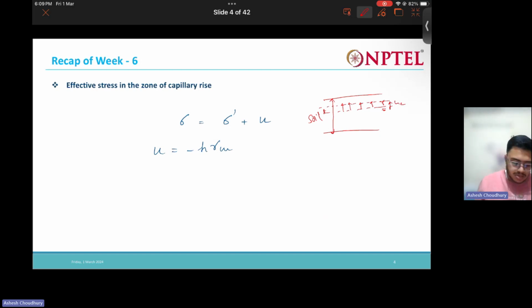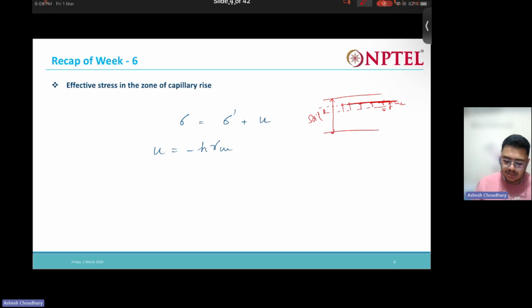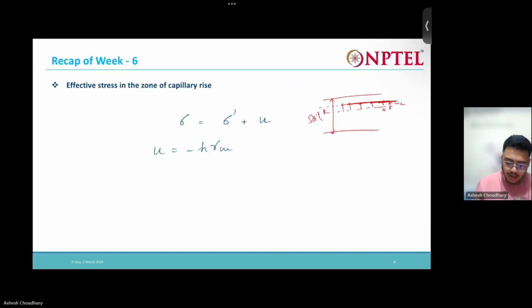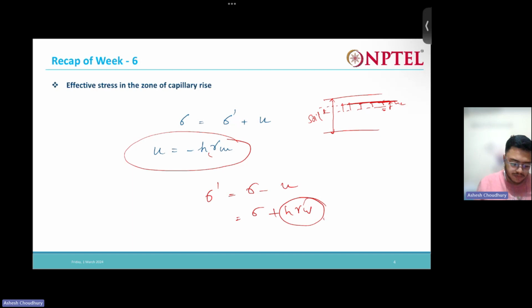At this point, the pore water pressure is minus Hc into gamma w. The pore water pressure is actually negative. The effective stress is total stress minus pore water pressure, so the effective stress actually increases due to the suction that acts here.